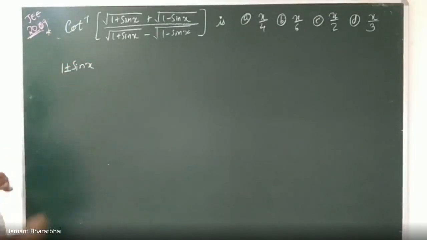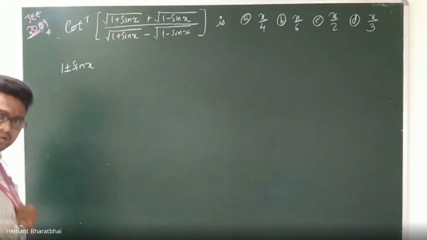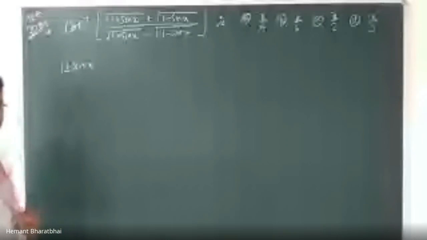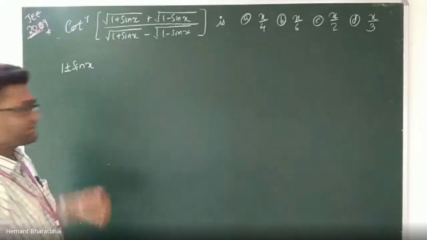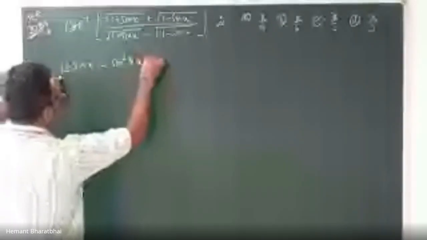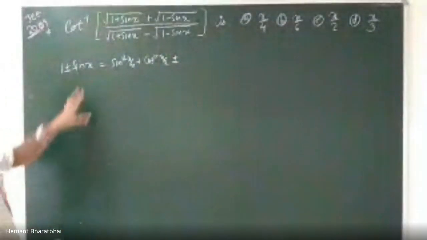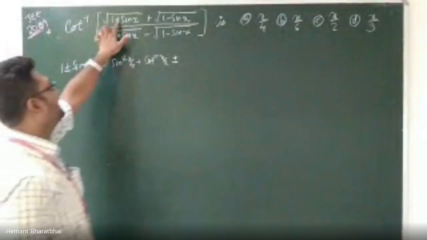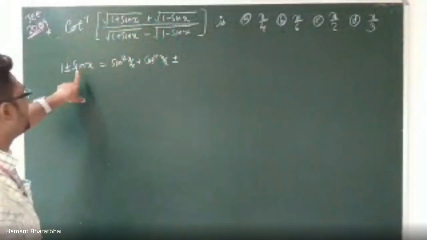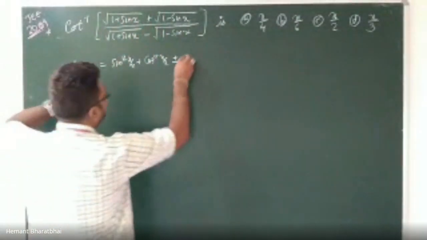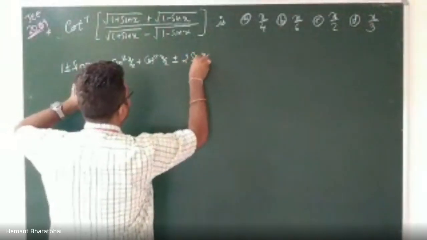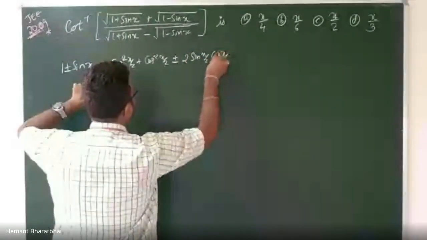So 1 plus minus sin x: sin 2 theta is 2 times sin theta into cos theta, and 1 is sin square plus cos square. Therefore, instead of 1 I can write sin square x by 2 plus cos square x by 2, and instead of sin x, I can write 2 times sin x by 2 into cos x by 2.